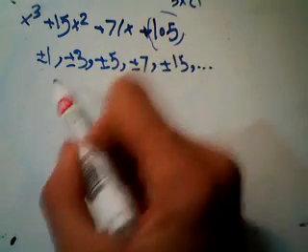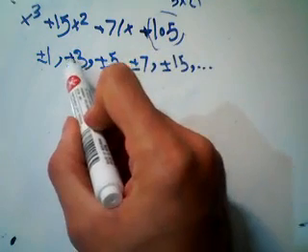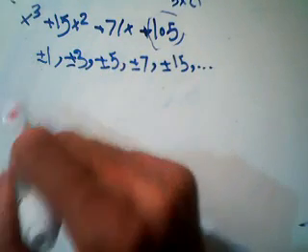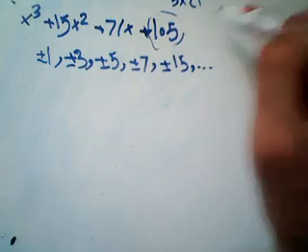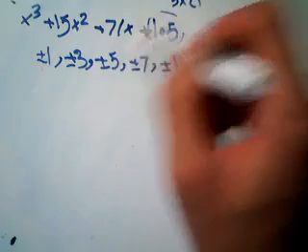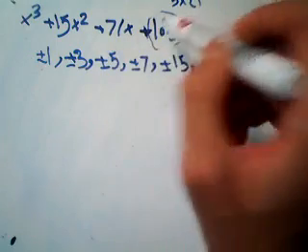So we should substitute them, starting with plus and minus 1, till we find the value which makes this 0.